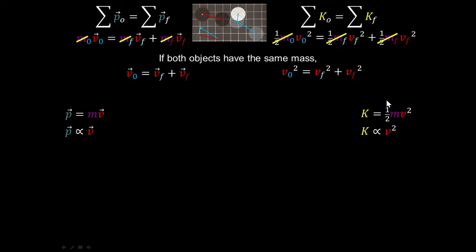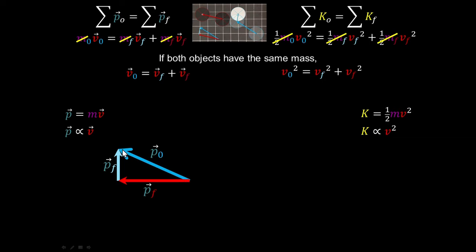Here it was equal to 1/2 mass times velocity squared. So if I had the one hockey puck coming in like this before, and after there was a puck that went off like this, and another puck that went off like this, we can see that momentum was conserved because these are vector quantities. This momentum and this momentum added head to tail give the total momentum after, which was the same as what it was before. Now remember, the momentum here is proportional to the velocity.